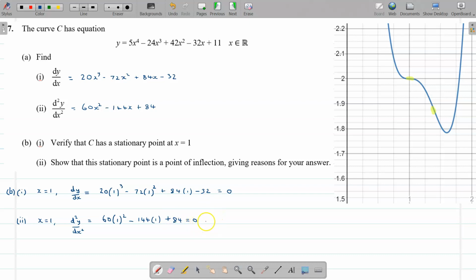So we have that condition satisfied, but in fact that's not good enough on its own, because it's possible to have a function where both the first and second derivative are 0 at a particular point, but it's not a point of inflection.